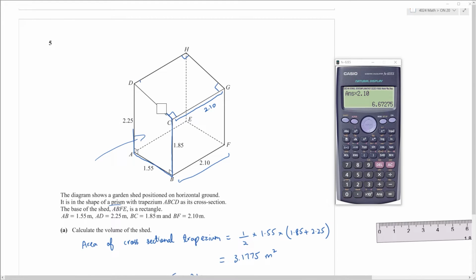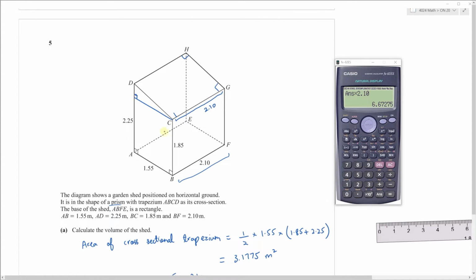So let me erase this. Now, if I look at this trapezium ABCD, and if I draw a line from this side here, like this. Okay, so this is better. So this angle here is 90 degrees.